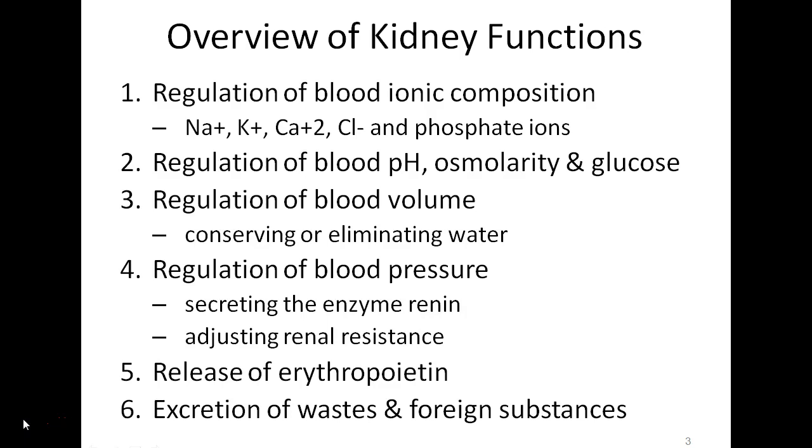What basically occurs is, in response to lower blood oxygen levels, the kidneys are going to secrete this hormone called erythropoietin, also we abbreviate EPO, and this is going to stimulate the red bone marrow to increase the erythrocyte formation. And then lastly, as we mentioned before, number 6, the excretion of wastes and foreign substances such as toxins.